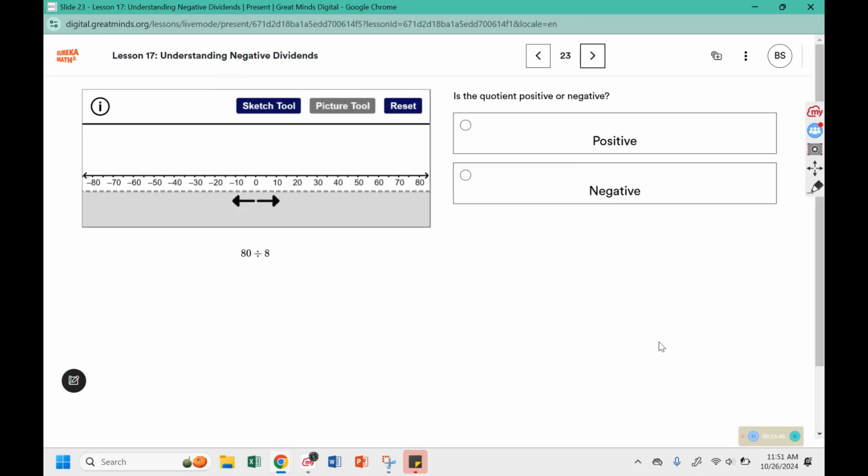Is the quotient positive or negative? Here I have 80 divided by 8. We are splitting it up into 8, not negative tens. Reset. I'm trying to get to positive 80. They are not lining up very well here.